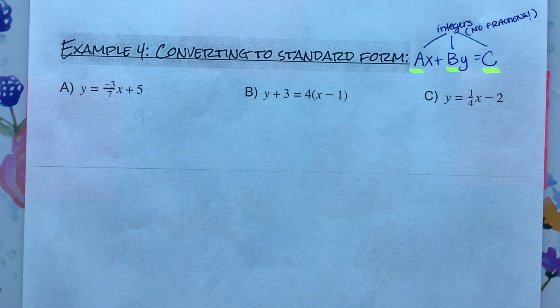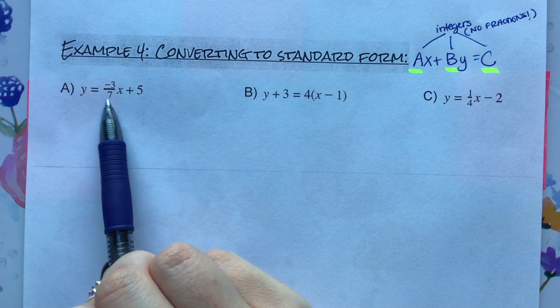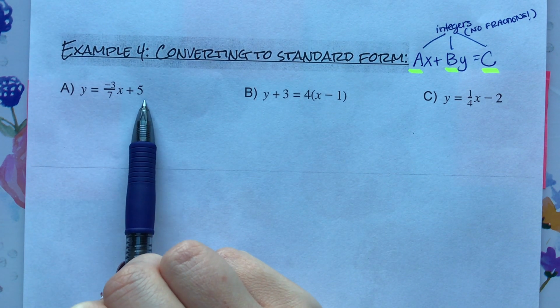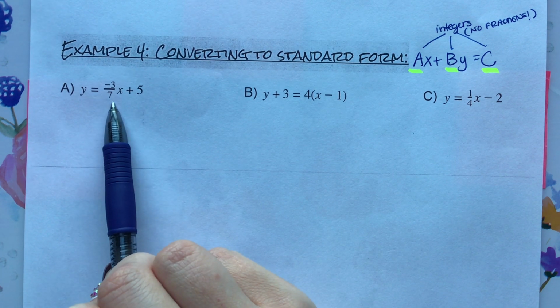So, we need the x's on the same side as the y's, and then a plain number on the right side. Looking at this first one, notice I have y equals -3/7 x plus 5. I do not want my x on the right side.